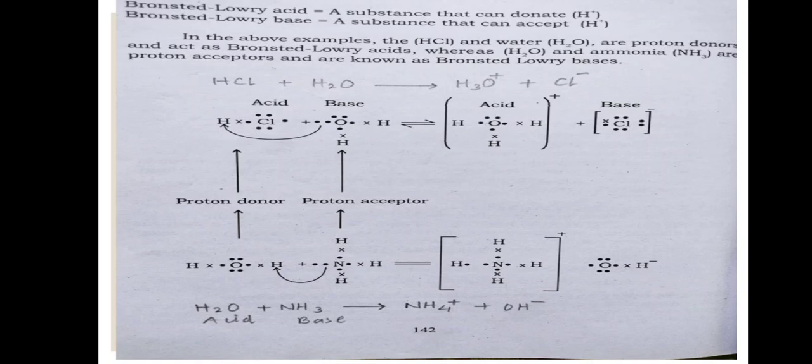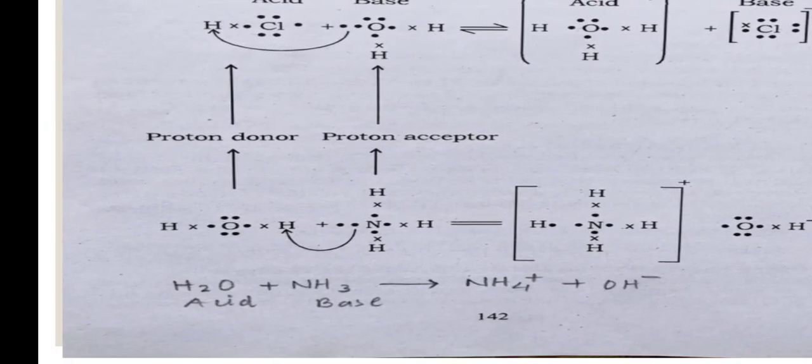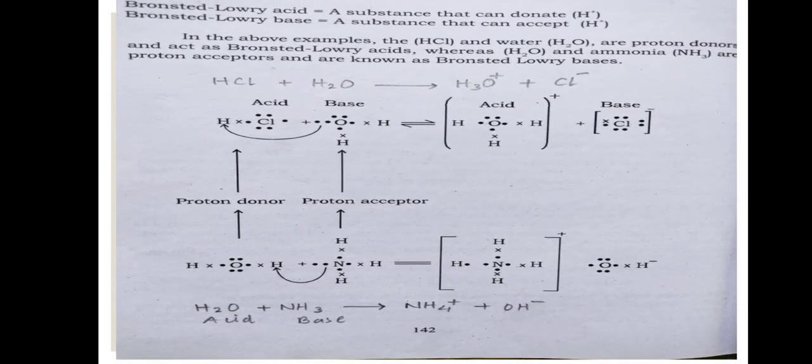In this second example, again the water is acting as an acid and the ammonia is acting as a base. Here water is donating its one proton, H plus ion, to ammonia. Ammonia, which is a base, accepts that proton or H plus ion and forms the ammonium ion. So according to Bronsted and Lowry, an acid is a proton donor, whereas a base is a proton acceptor.